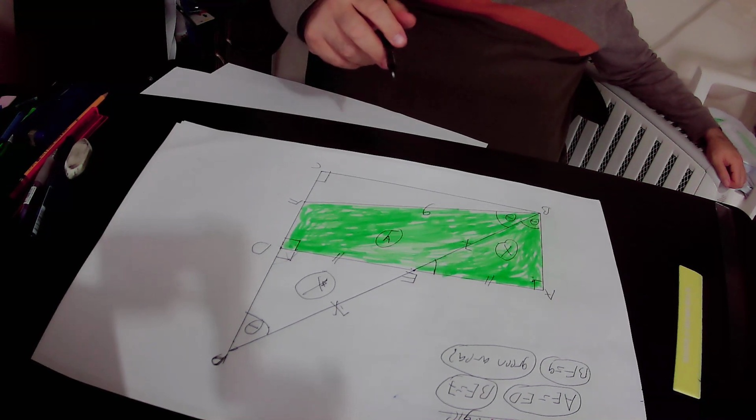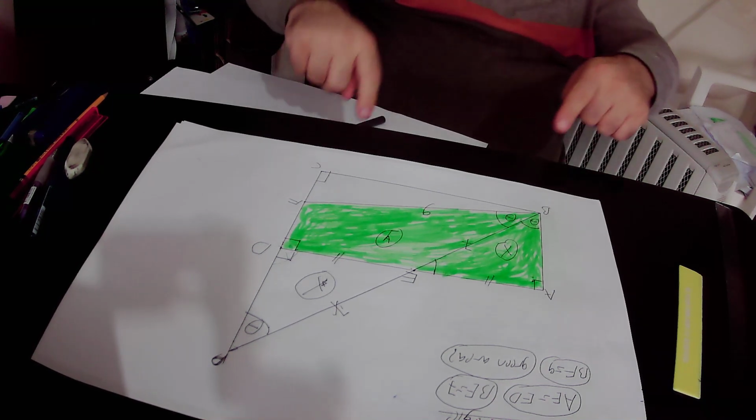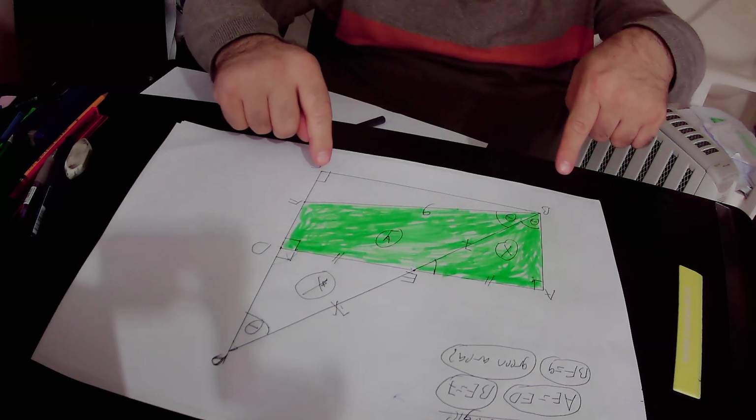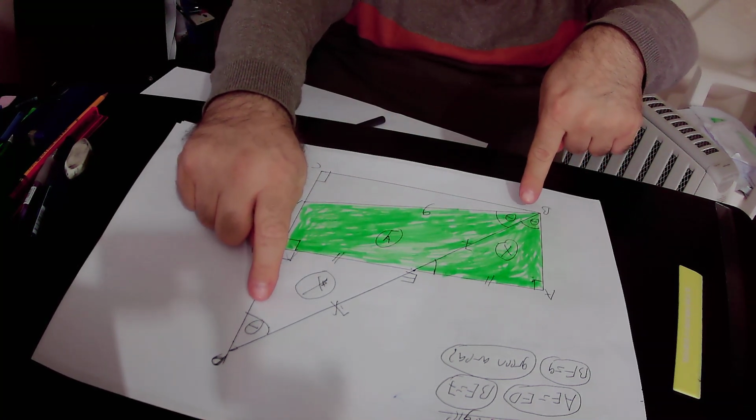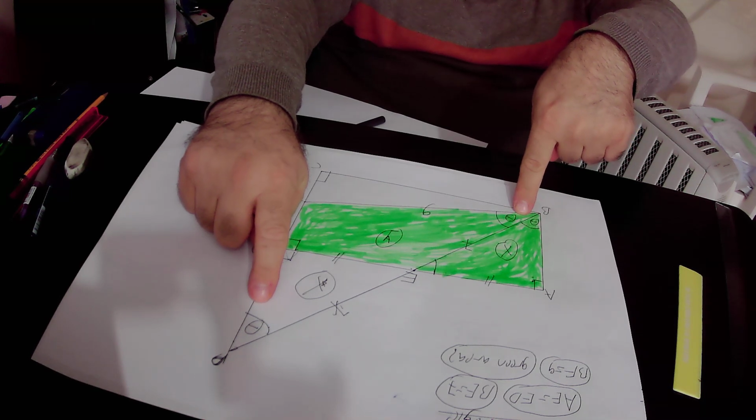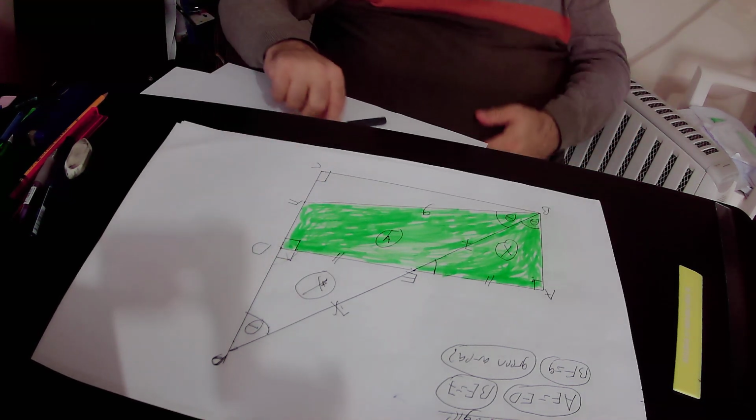I'll repeat again. Triangle PBF is an isosceles triangle because it has two angles that are equal to each other, that is to say, both angles are equal to theta.